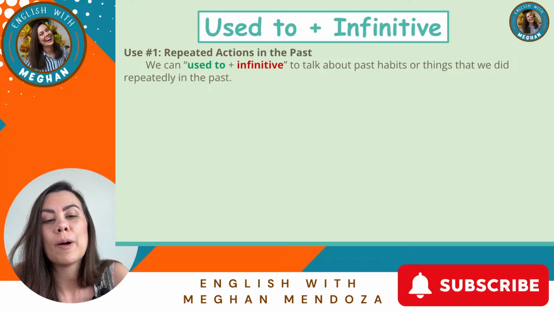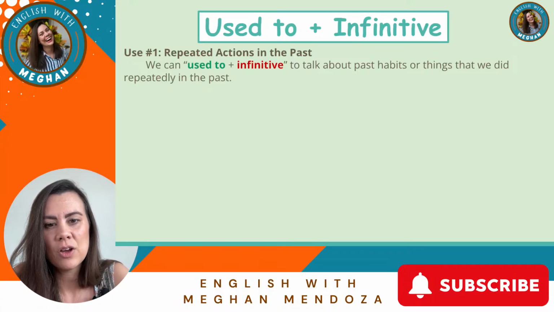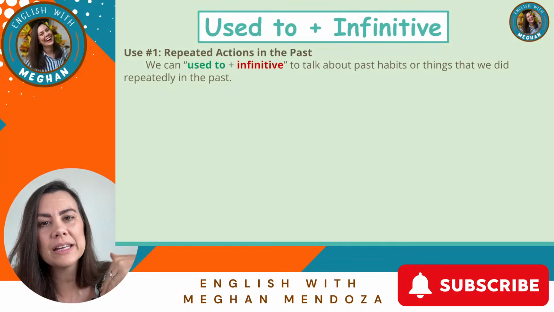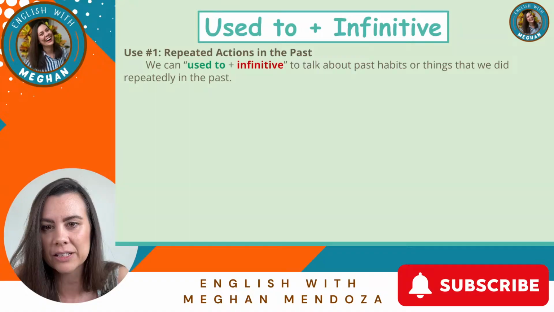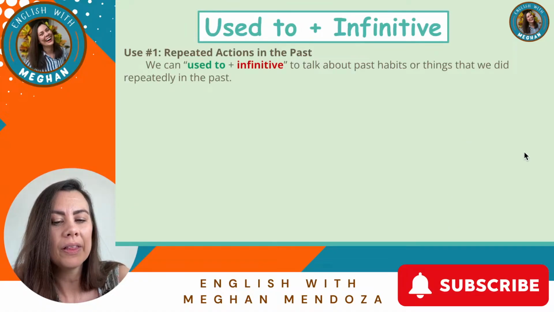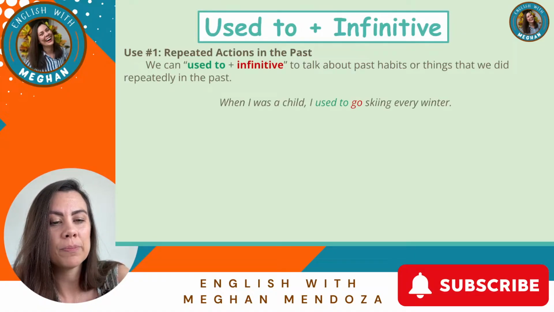Okay, to talk about past habits or things that we did repeatedly over and over and over many times in the past. All right. Then, for example, when I was a child, I used to go skiing every summer.